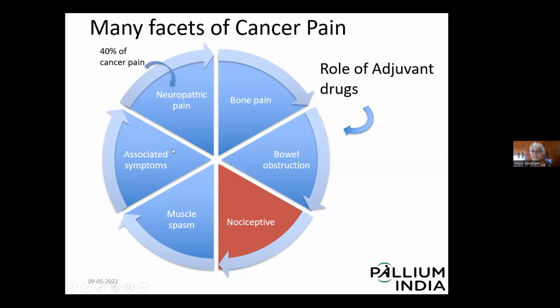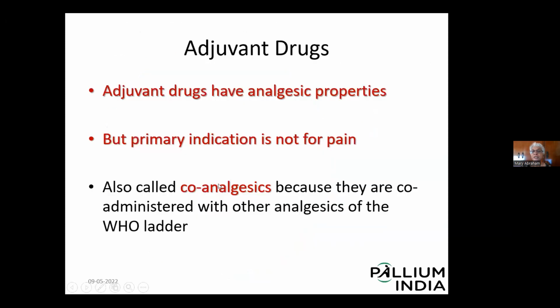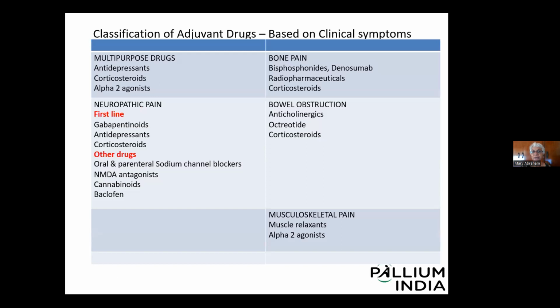Or there could be associated symptoms like depression, anxiety, insomnia, etc. So you need to treat all that as well, and that is why you have the adjuvant drugs. Adjuvant drugs have analgesic properties, but the primary indication is not for pain. They are called co-analgesics because they are co-administered with other drugs of the WHO ladder.